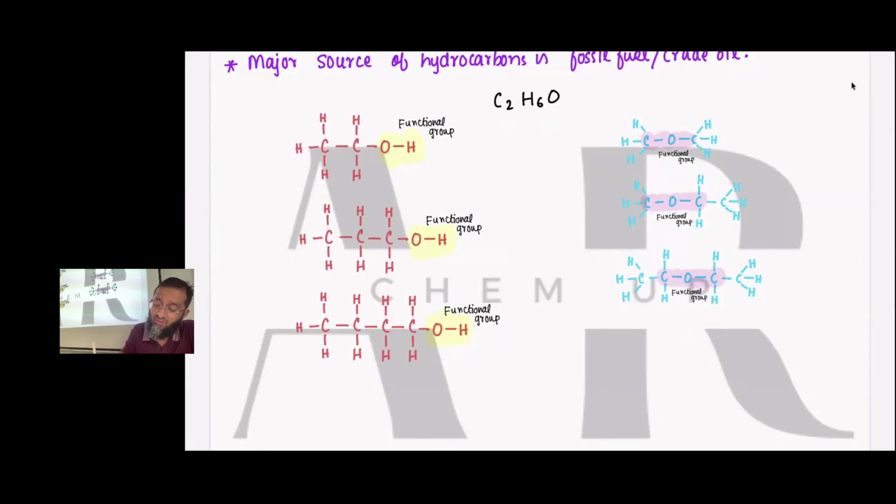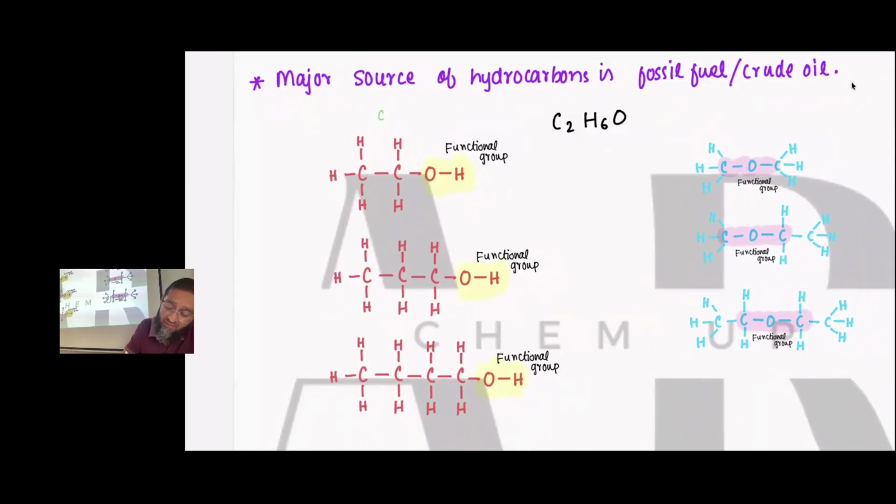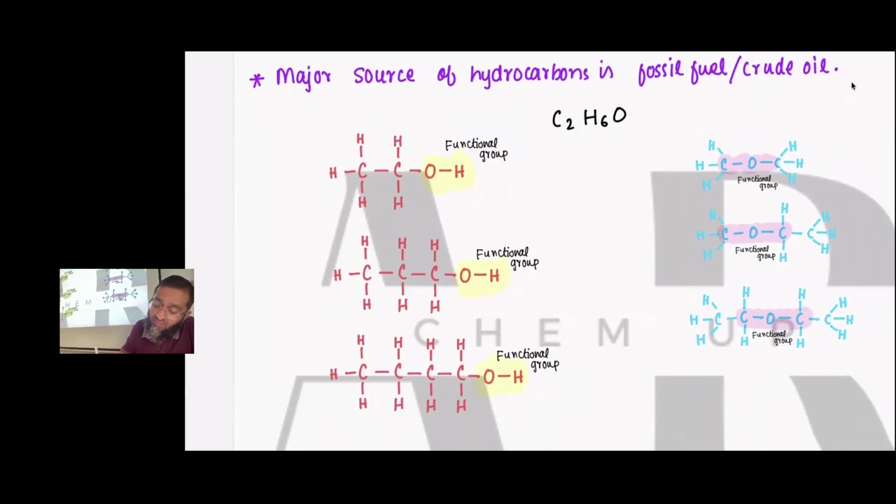So if you look at the structures on the left, if you work on their general formula, you will find that all the compounds follow the same pattern and the same general formula, which is CnH2n plus 2O.